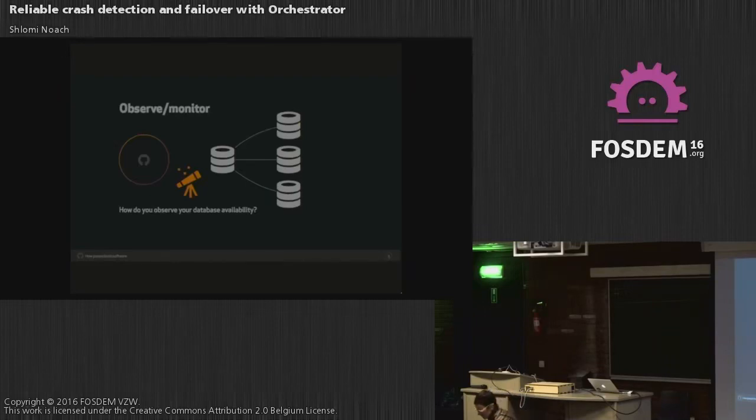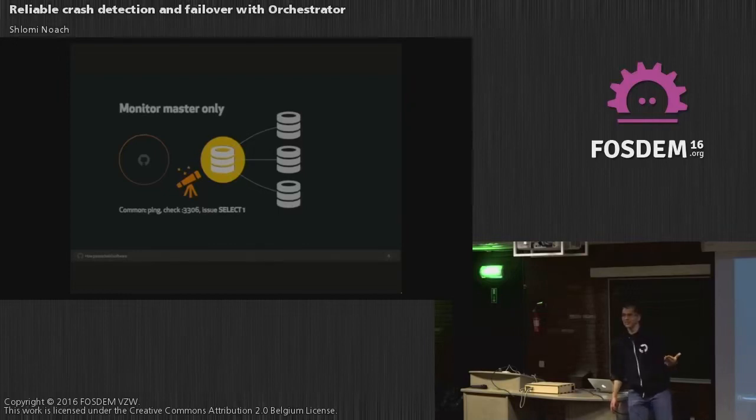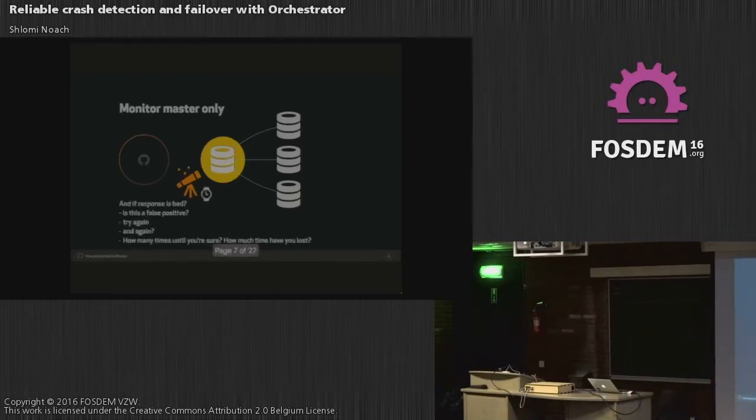And if you're only poking the master and something fails, how do you know that the master is indeed dead, or maybe you have a problem, maybe your monitoring site has a problem? So you're not sure. You're afraid of false positives. You don't auto-promote masters just like that, and you try again, and again and again.